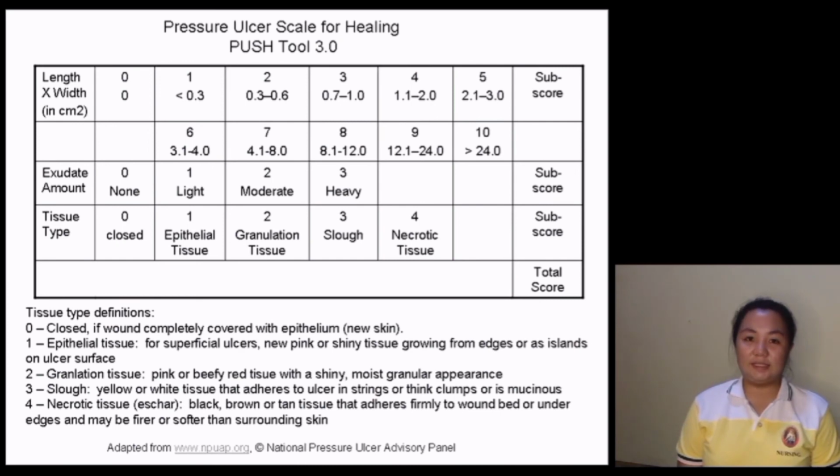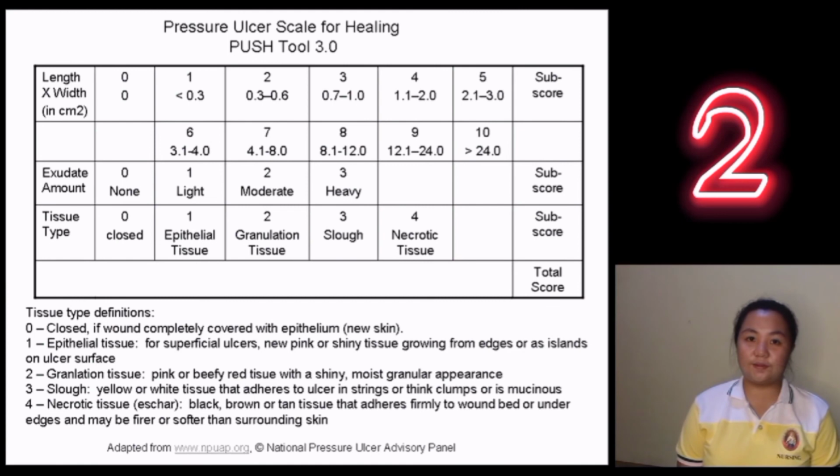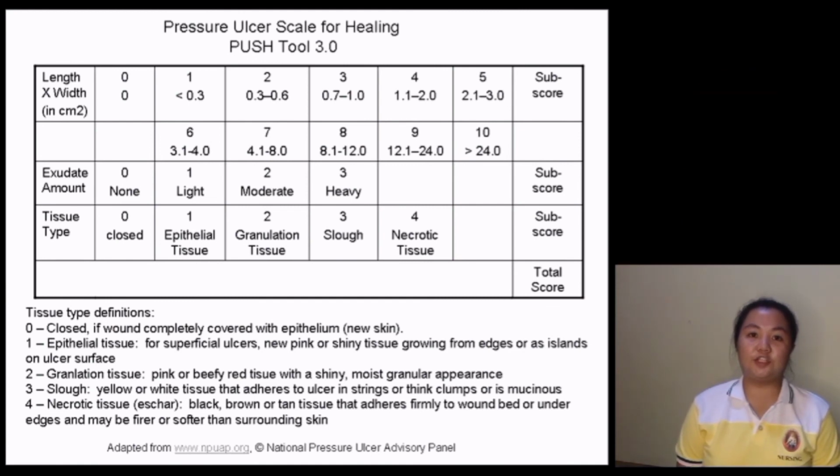If the wound is clean and contains granulation tissue, give it a score of 2. Granulation tissue is shiny, moist, and pink or red in color. Give a 1 to a superficial wound that is re-epithelializing, where the epithelial tissue is new, pink or glossy tissue that grows from the borders or as islands on the ulcer surface of a superficial ulcer.